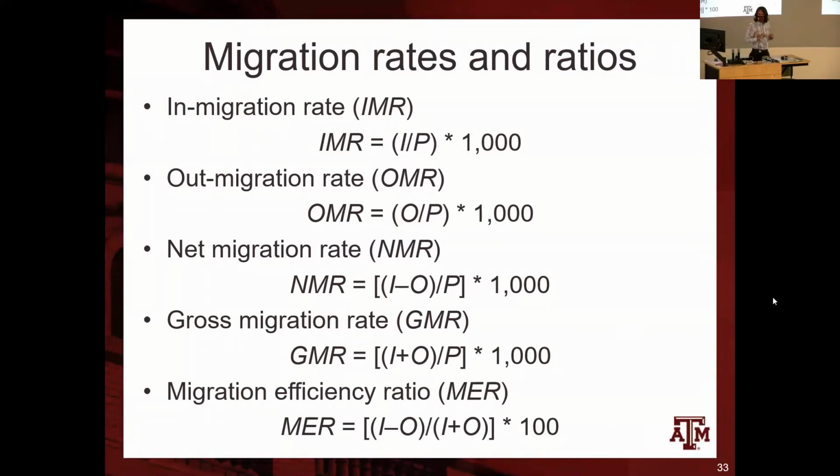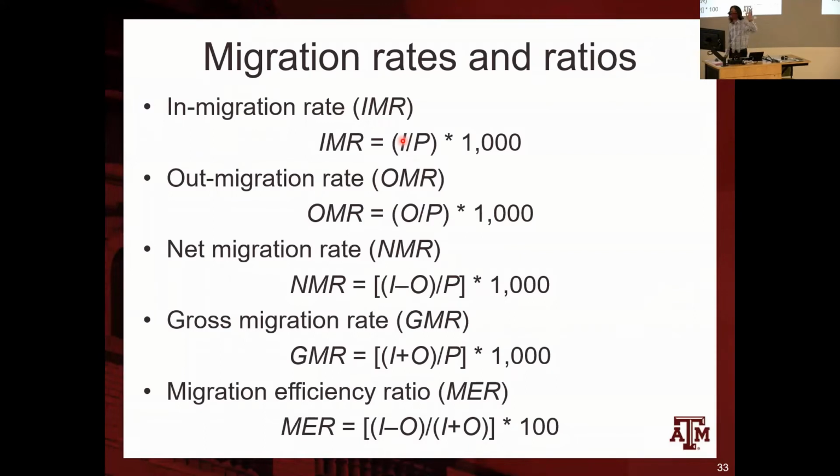When I estimate in-migration rates and out-migration rates, what are the denominators of those formulas? For the in-migration rate, you are in the place of destination. Let's say that I'm in College Station, and the in-migrants in the numerator are the people who moved to College Station.